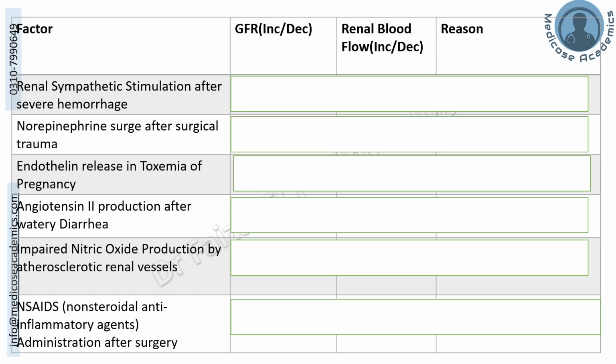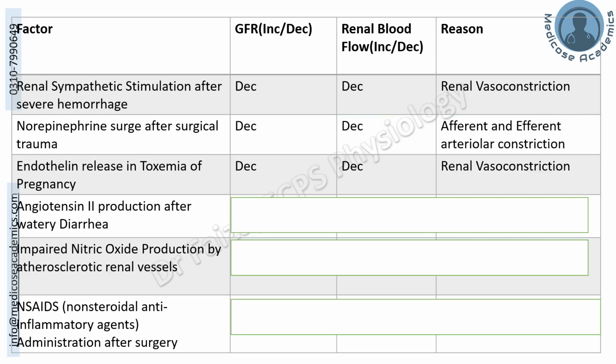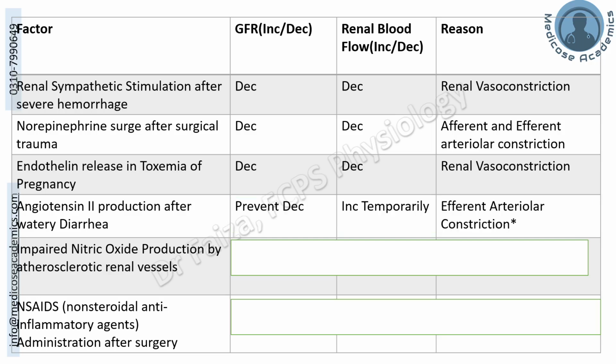This is the summary of the factors that we have seen already under the heading of determinants of the GFR and renal blood flow, and they are also going to regulate the GFR and renal blood flow. For example, renal sympathetic discharge, norepinephrine and endothelin in the first three conditions are going to cause afferent arteriolar constriction and reduce GFR. Angiotensin 2 will, however, constrict the efferent arteriole and increase GFR.